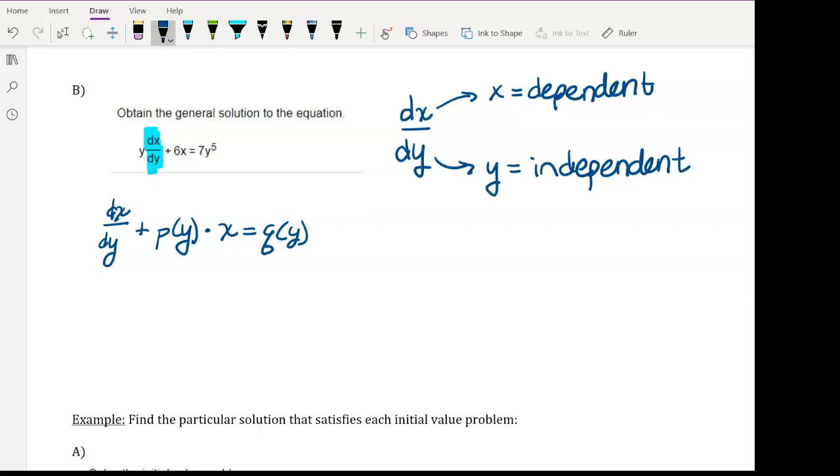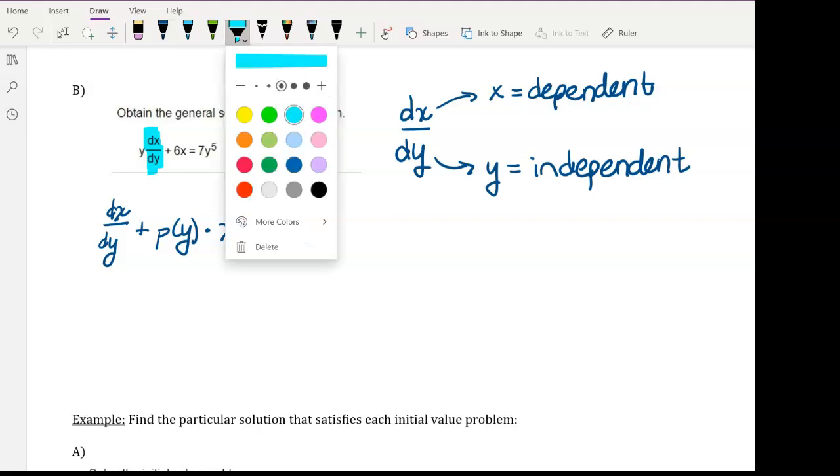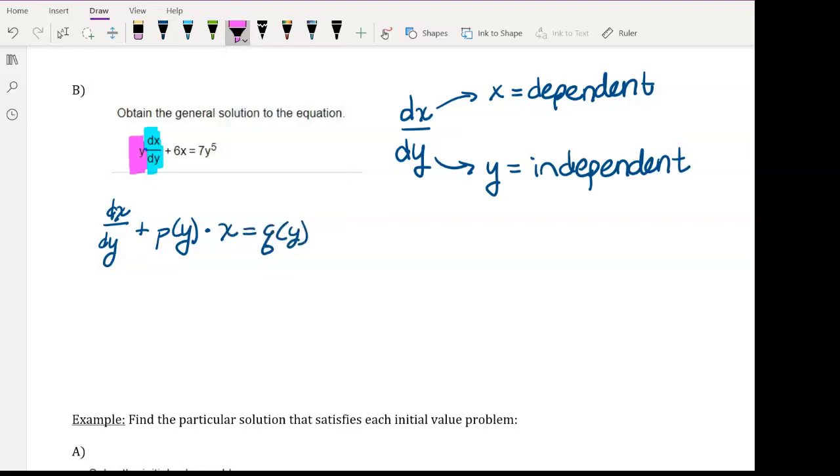Well, ours is not in that format. We also have this y value in the first term. And in order for us to be in the form that allows us to start solving, we want that derivative all by itself in the first term. So to get rid of the y, we're going to have to divide every single term by y. And when we do that, we get dx over dy.